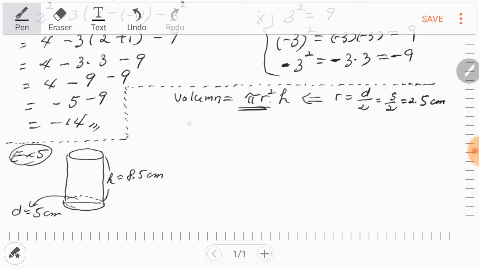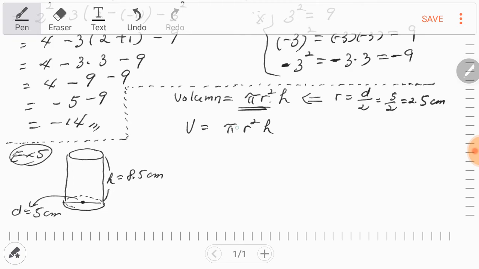The radius is half the diameter. Since the diameter is 5 centimeters, you divide 5 by 2, so 2.5 centimeters is the length of the radius, and the height is given.